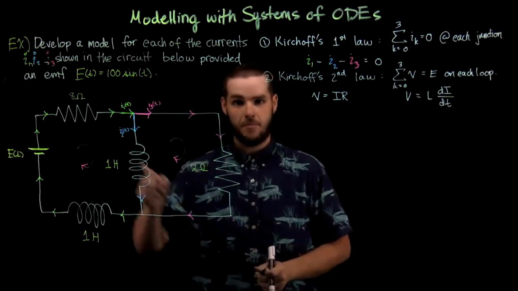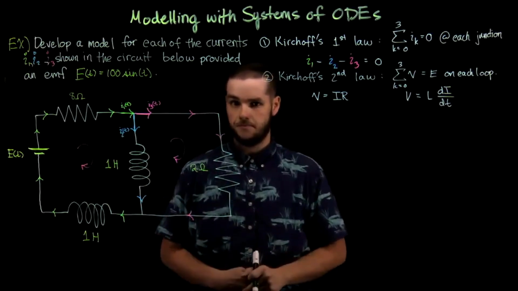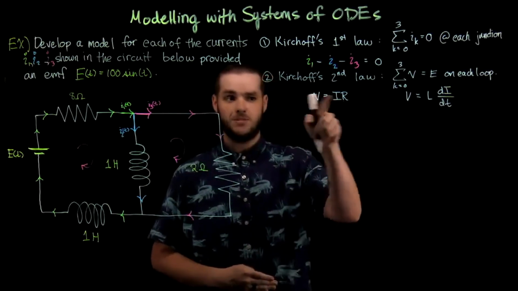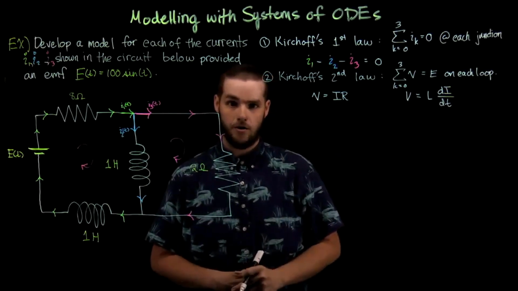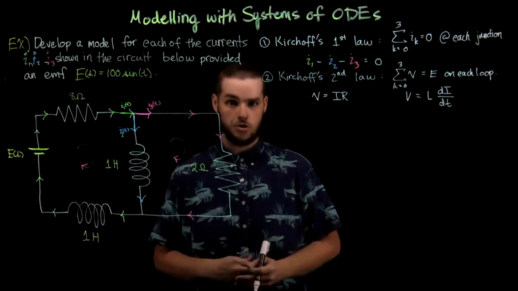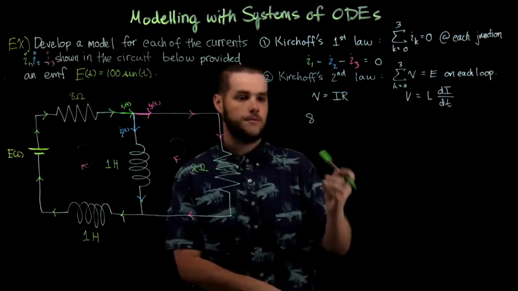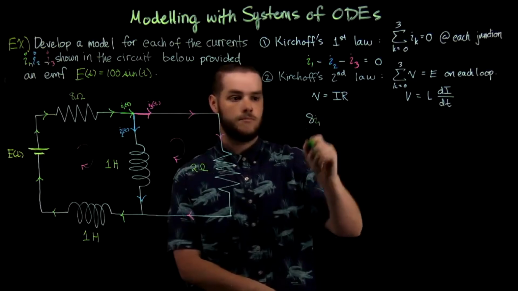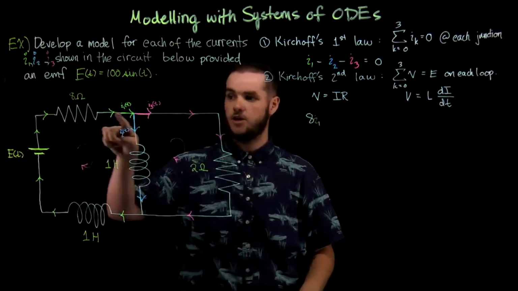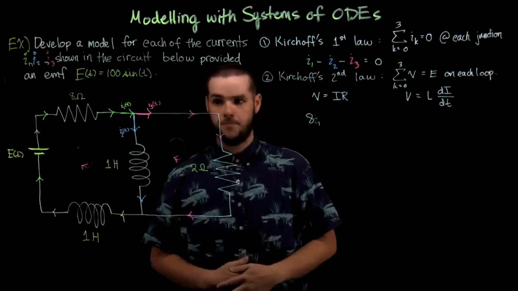First thing I do is I pass over this 8 ohm resistor. I know that its potential change is equal to IR, so its full potential change there is equal to 8 times I1, because on this resistor I have the green current I1.